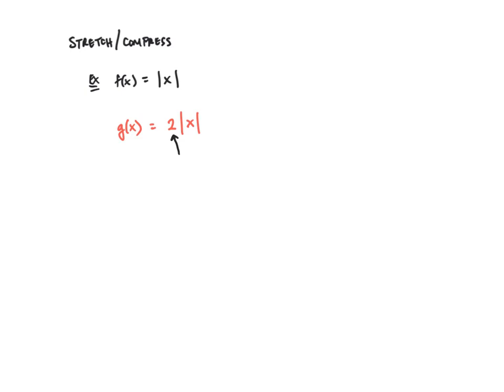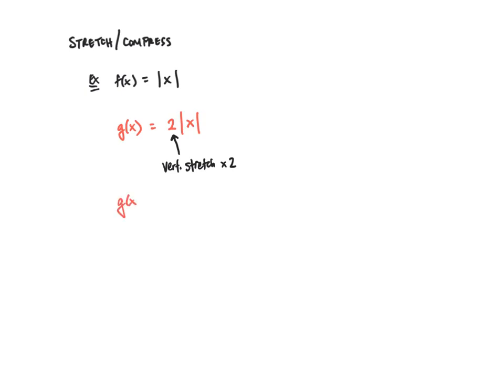Well, it's a multiplier, right? So it's multiplying something times 2, and that 2 is on the outside of the function. So it's going to be a vertical multiplier, which means that all the y values are going to get stretched out by 2. So this is a vertical stretch by a factor of 2.